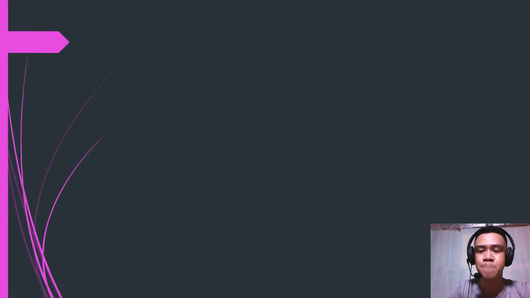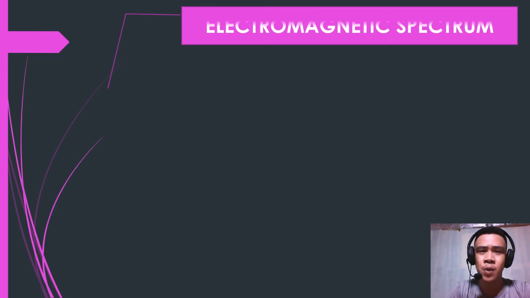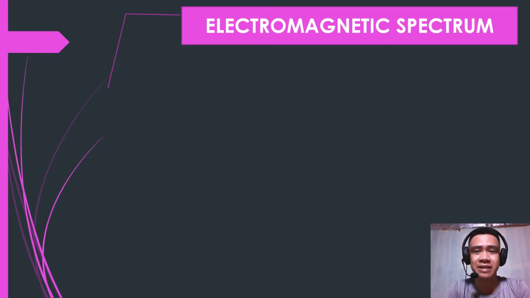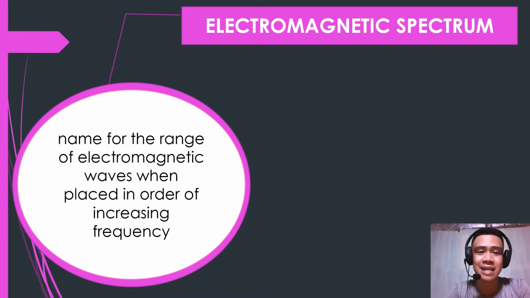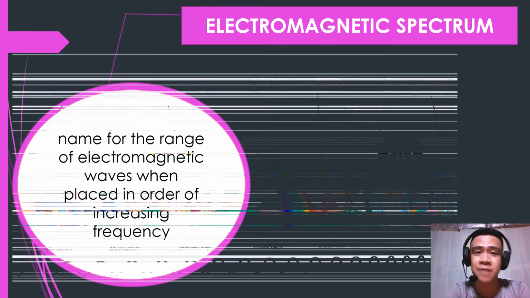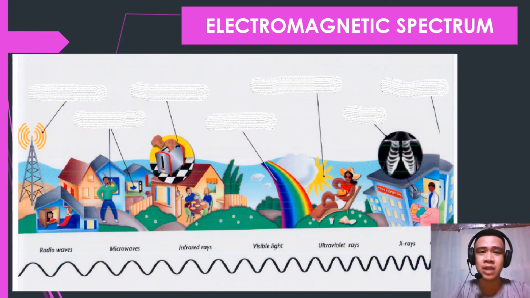Next, we will proceed to the electromagnetic spectrum. What does electromagnetic spectrum mean? It is a name for the range of electromagnetic waves when placed in order of increasing frequency. So electromagnetic waves can be split into a range of frequencies.